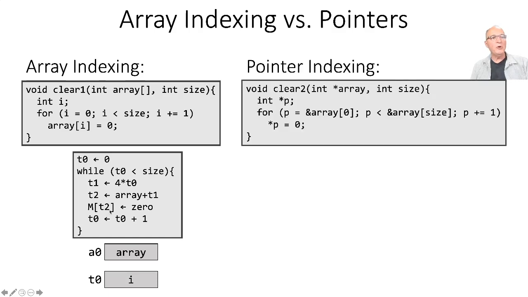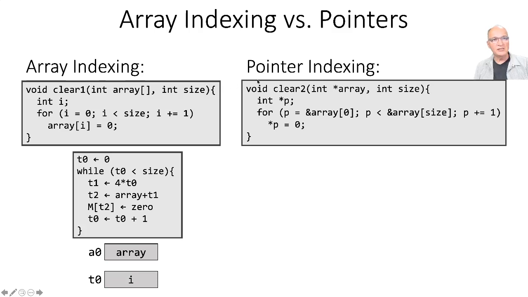Now let's look at the pointer indexing version of the same code. In the pointer indexing version, my first parameter is int star array. This is just to indicate that I work with pointers. In C, the syntax that says int star array and the syntax that says int array open close square brackets are identical.